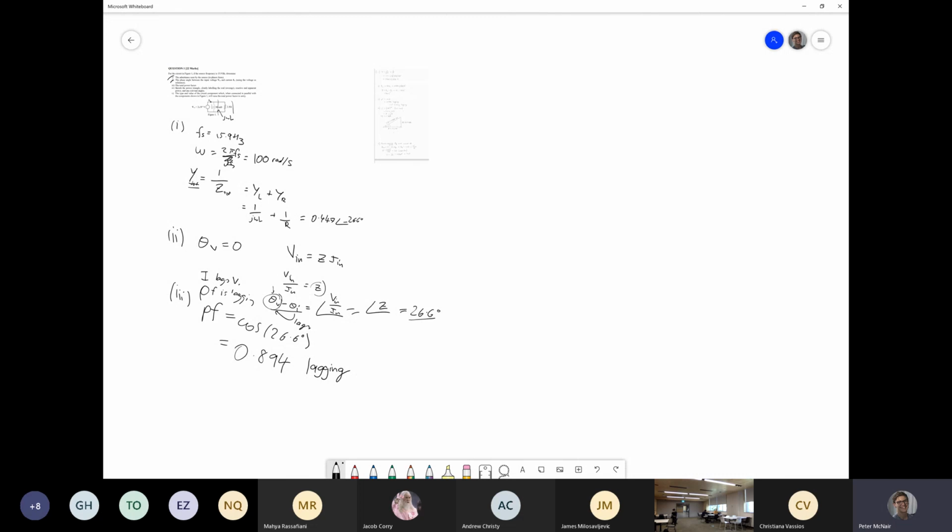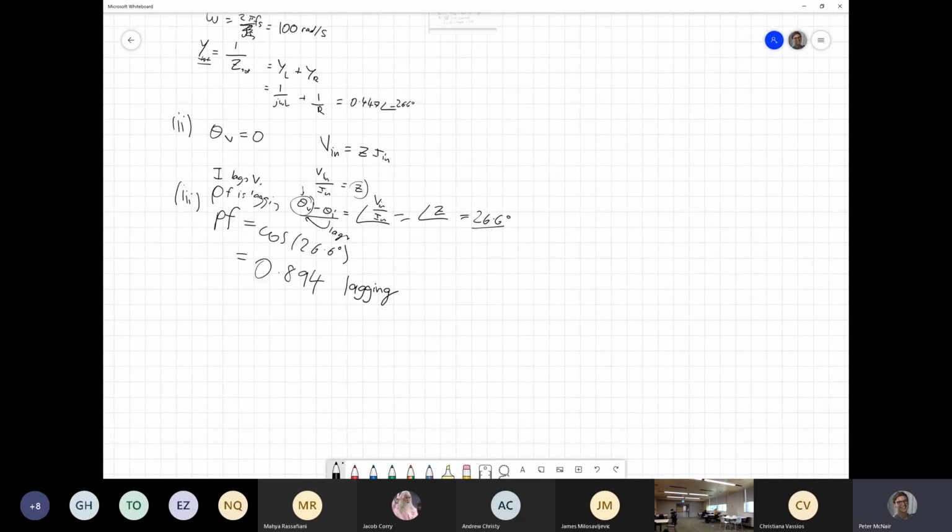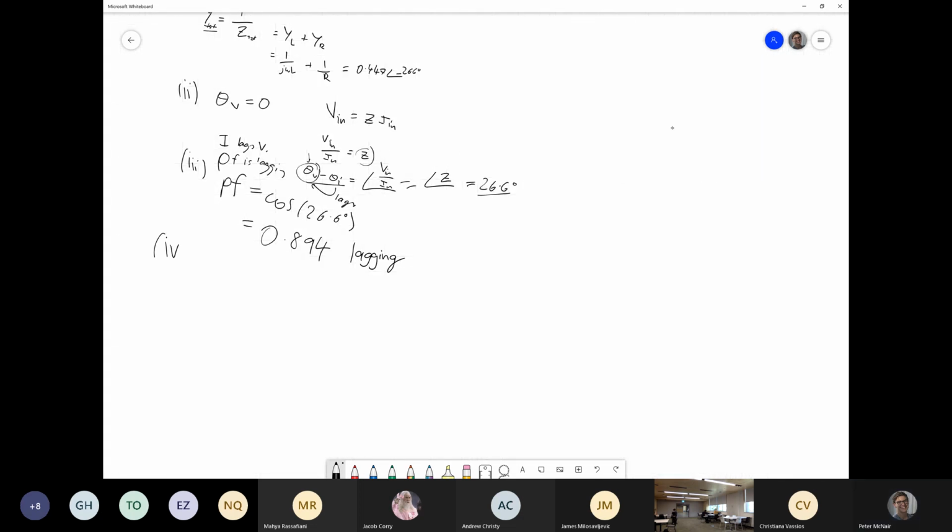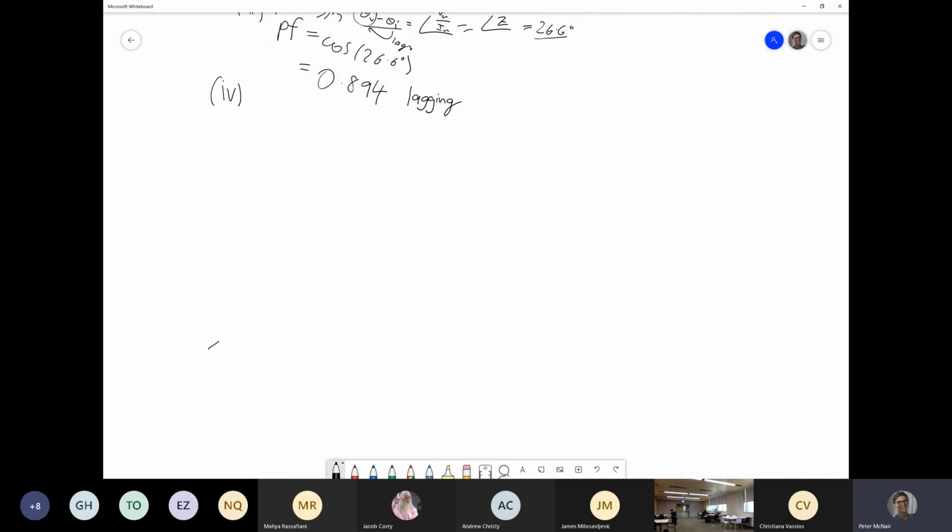Next question is to sketch the power triangle. What parts have we got in our power triangle? I'm going to draw it pointing upwards because it's a lagging power factor. What's on this axis?